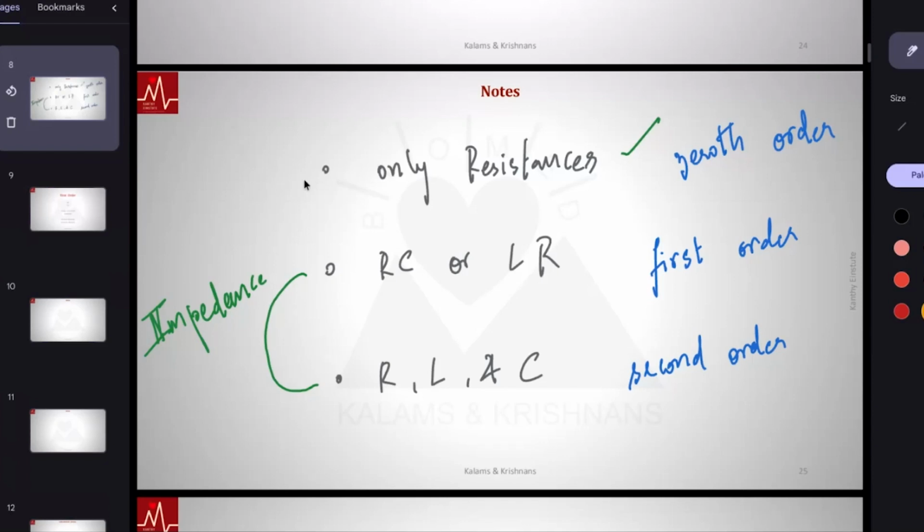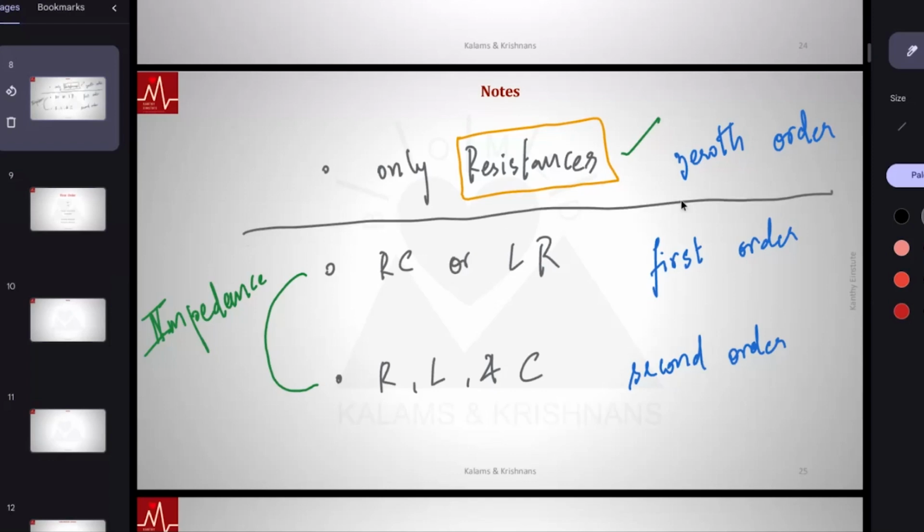Whatever we did so far with resistances, you could do all of that with impedances. So whatever you could do with a 0th order circuit, that is circuits involving only resistances, you can apply to first and second order circuits. Impedance plays the role of resistances in a 0th order circuit.